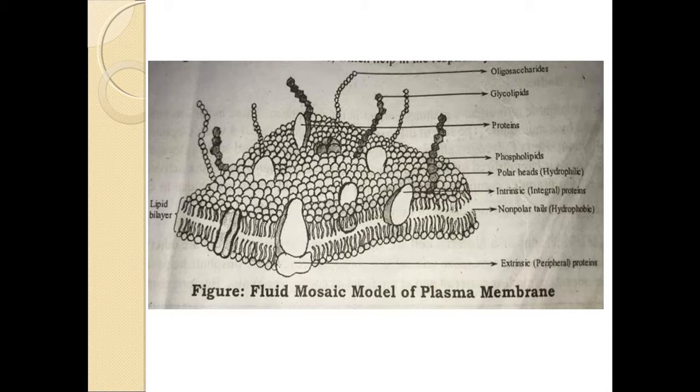This cell membrane, or plasma membrane, is present beneath the cell wall. It has two layers, bilayered. You can see here extrinsic proteins, peripheral proteins, and intrinsic proteins, integral proteins, two types of proteins.